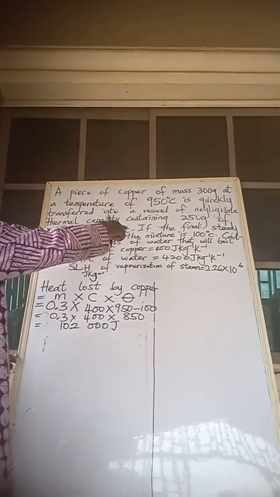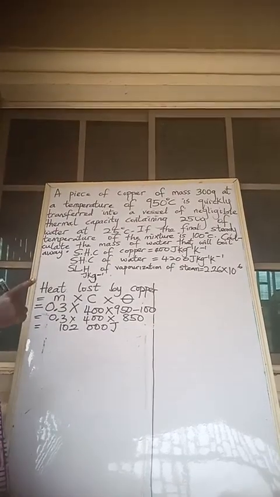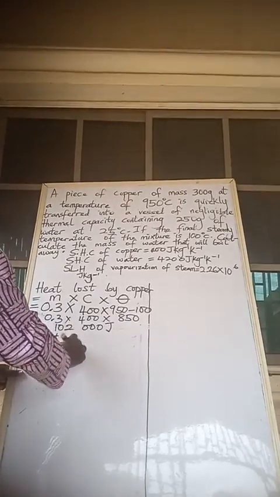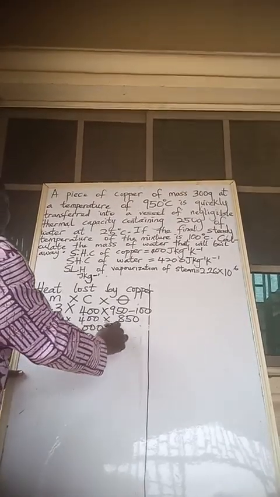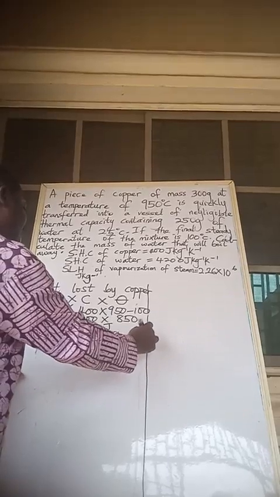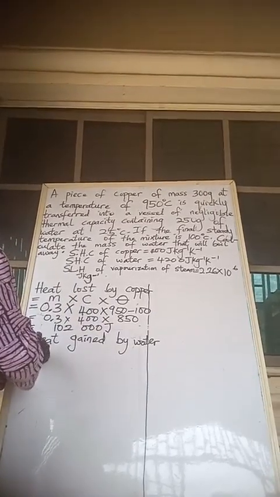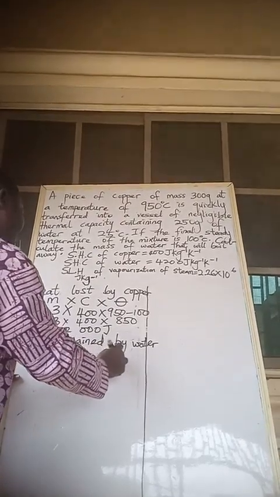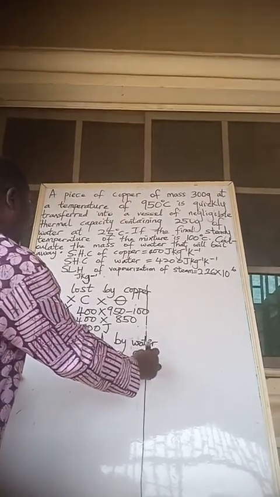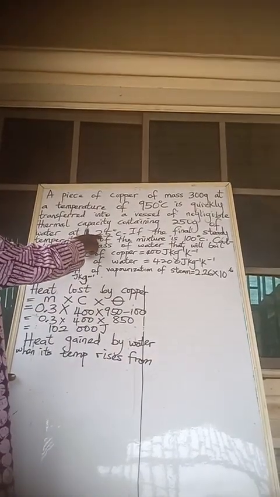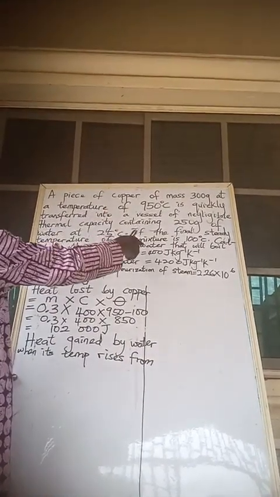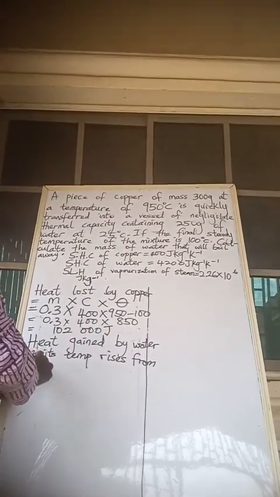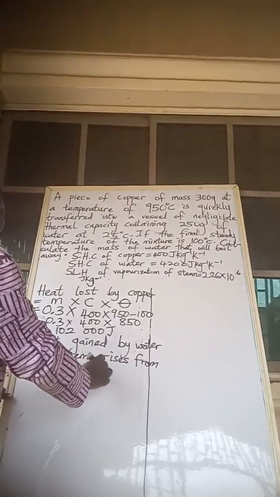Now the water inside this vessel will gain heat in two ways. Let's find the first way. Heat gained by water, when its temperature rises from the original temperature of 25 degrees Celsius to the final temperature of 100 degrees Celsius.